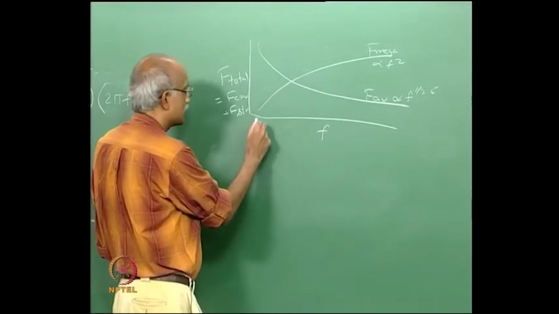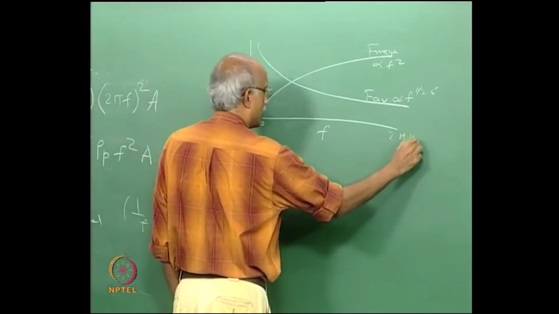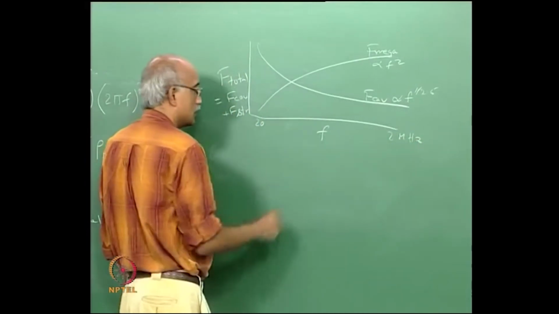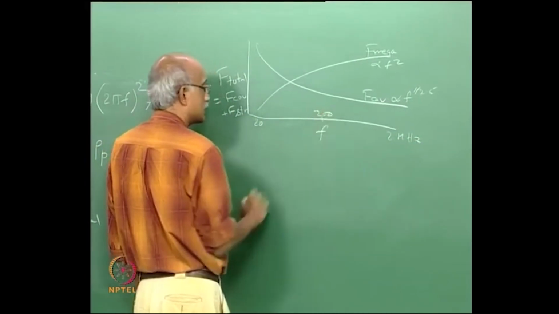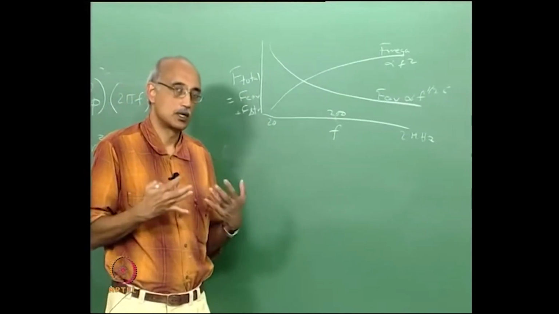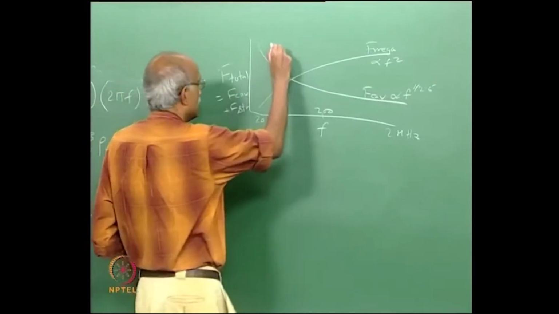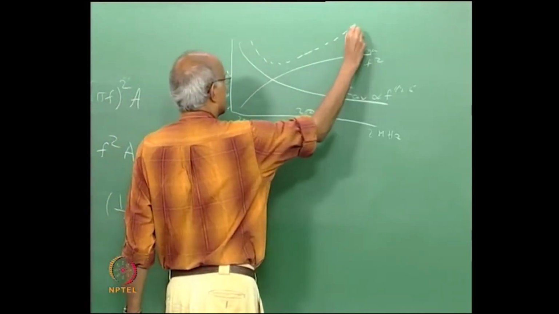And by the way, the frequencies here, we are here at about 20 kilohertz and over here we are at 2 megahertz, let us say. So, somewhere in between is 200 kilohertz. It turns out that if you look at total acoustic force as a function of frequency, it has a shape like this.